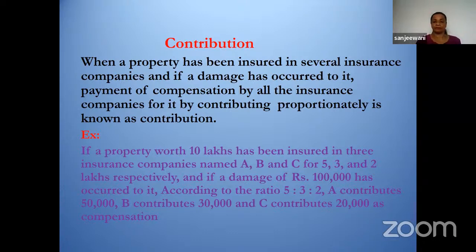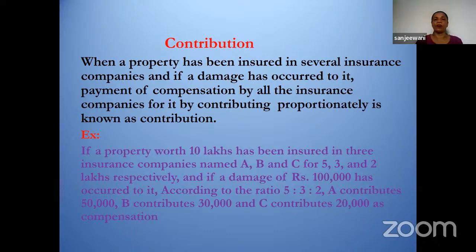For example, if a property worth 10 lakhs has been insured in 3 insurance companies A, B, and C in the ratio 5:3:2, and the damage is 100,000, then A will give 50,000, B contributes 30,000, and C contributes 20,000. So you need to find the amount in that ratio. Okay, so that is contribution.